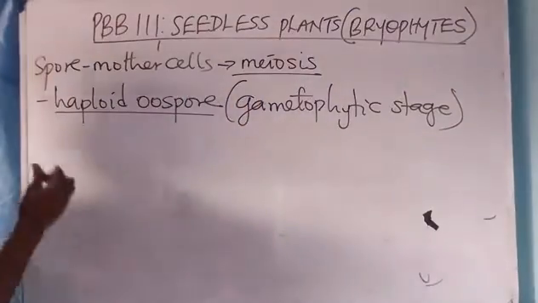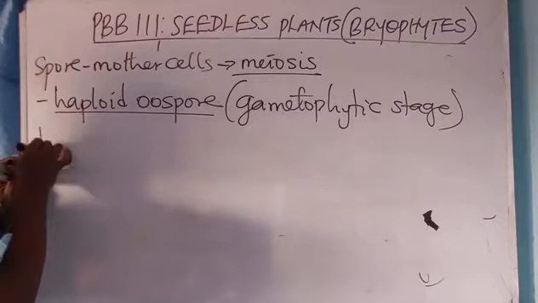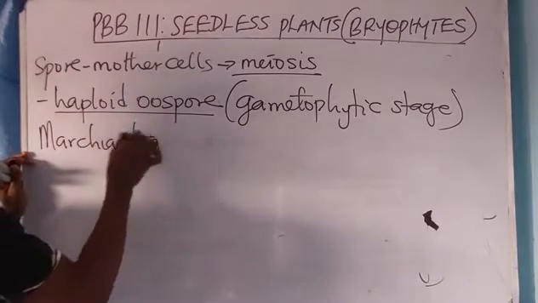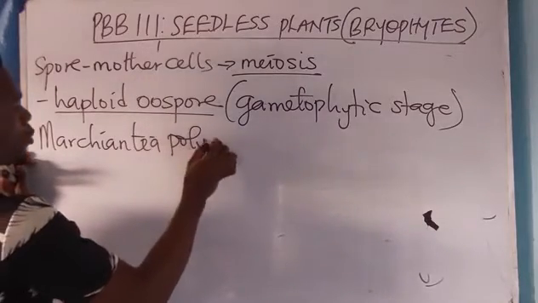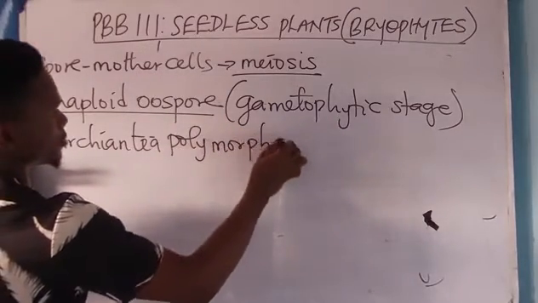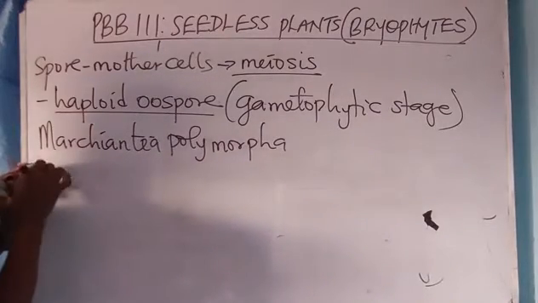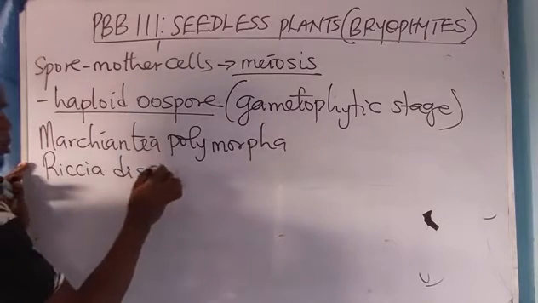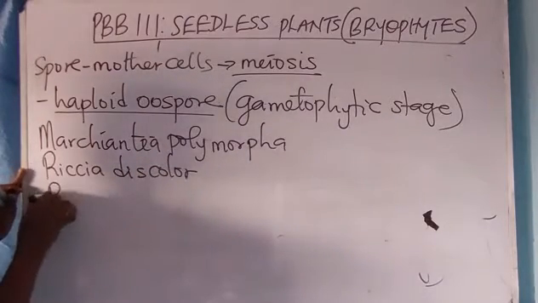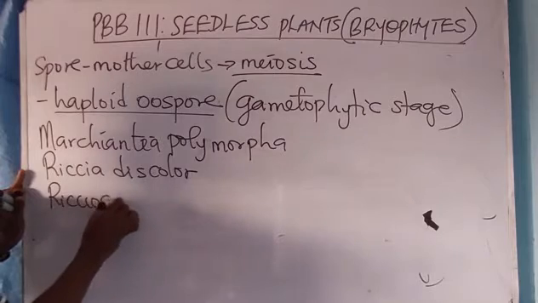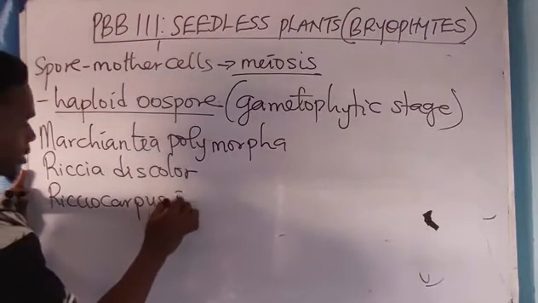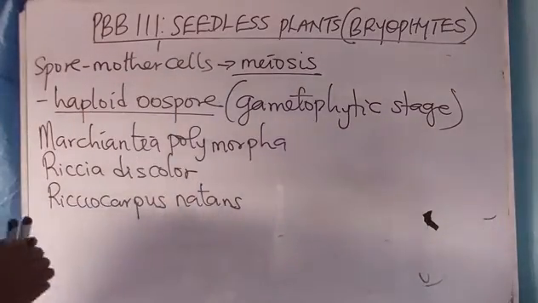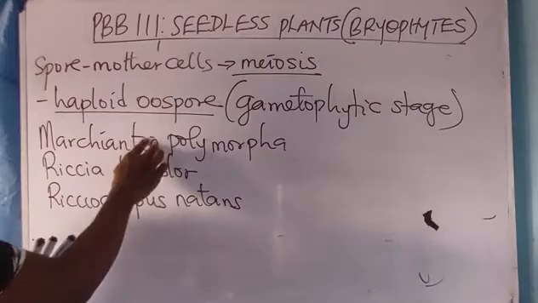Examples of liverworts are Marchantia polymorpha, Riccia discolor, and Ricciocarpus natans.